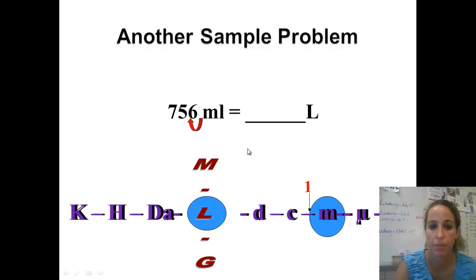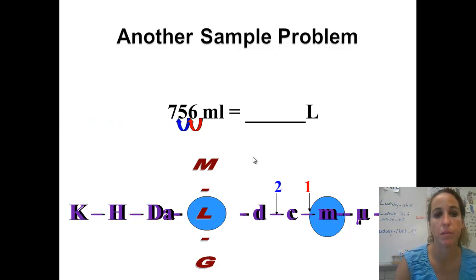So now we have 75.6. From centi to deci, we move 1 more place, so 7.56. And then from deci to liter, we move our final spot. So what's our correct answer this time? Yes, 0.756. Please record that on the line.